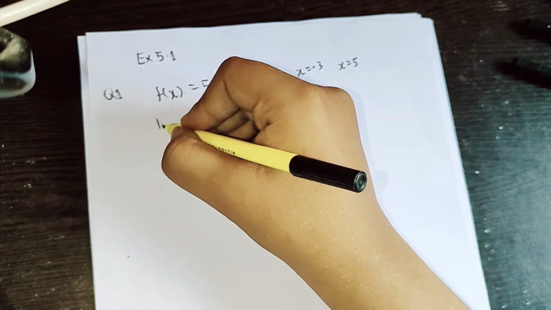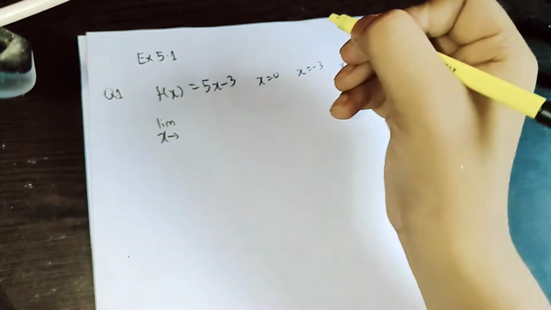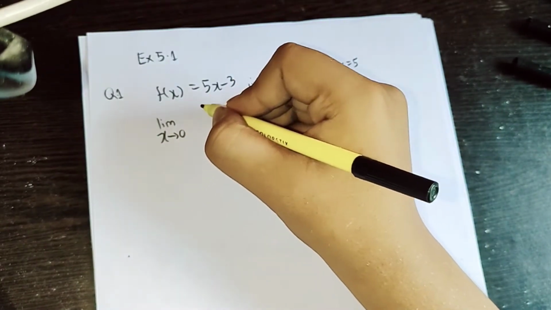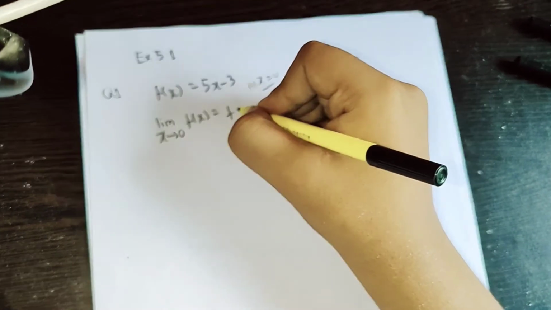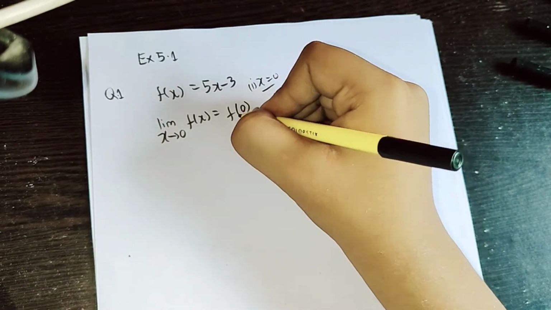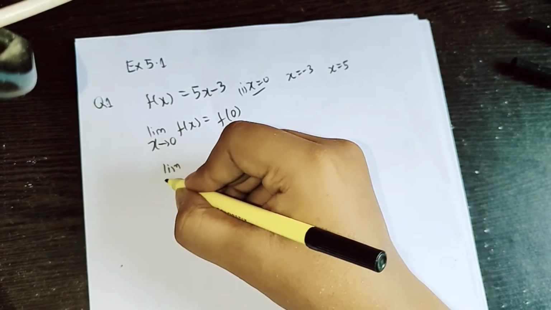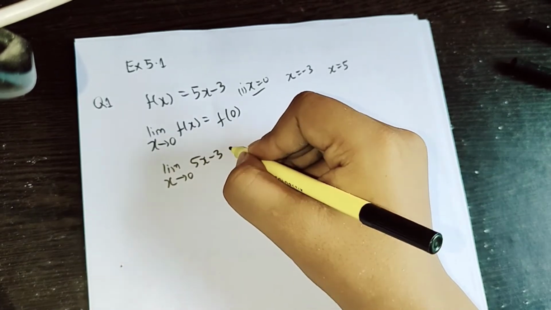If you see definition number 1, taking the first part, limit x tends to 0 of f(x) should be equal to f(0). So we will put the values of f(x). It is x minus 3, and f(0) is 0 minus 3.